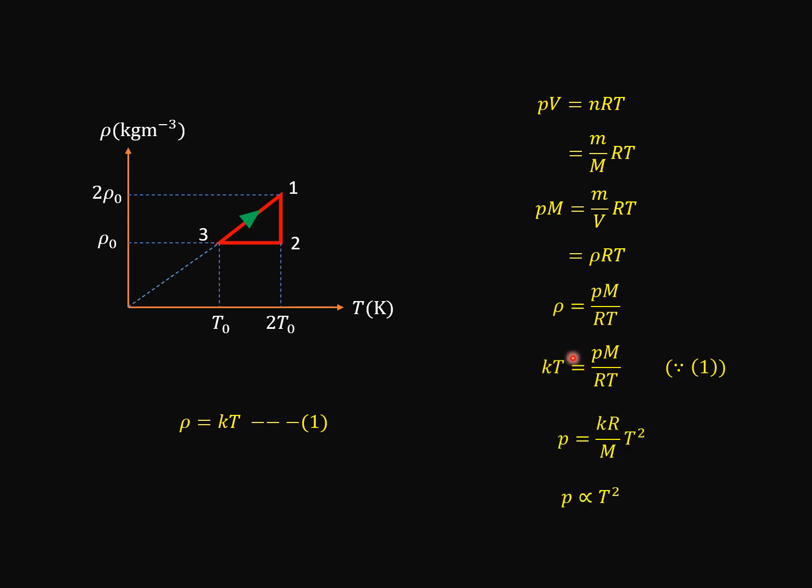Because we want to find the relationship between the pressure and the temperature T, we write P as the subject of the equation. So we have P equal to KR over M times T squared. So the relationship between P and T is that P is directly proportional to T squared.